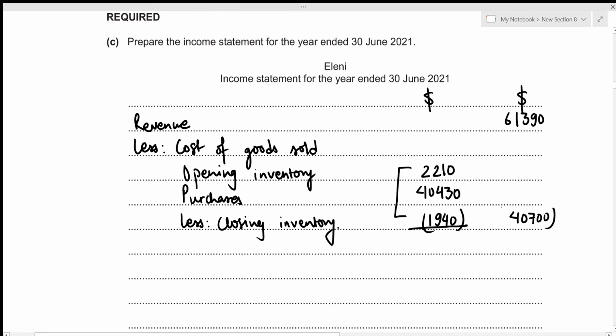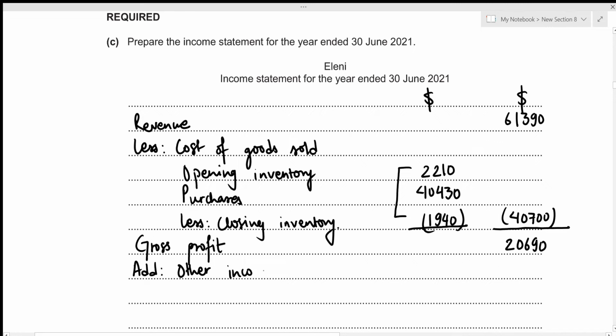Now we will subtract this amount from the revenue in order to figure out the gross profit. So that's 61,390 minus 40,700, which results in gross profit to be 20,690. All right, now we will add any other sources of income.